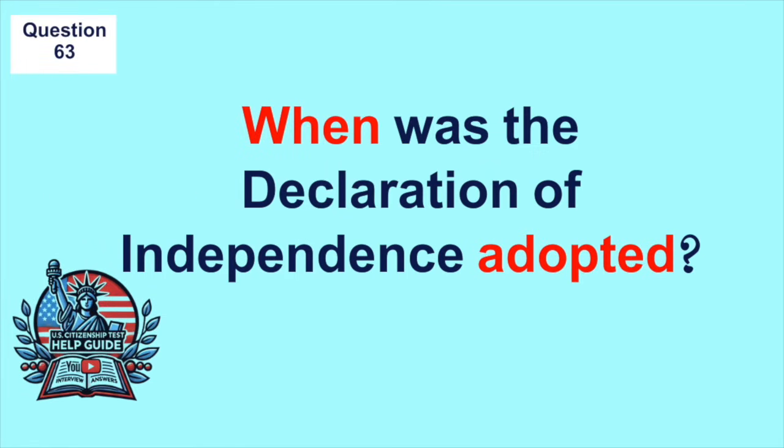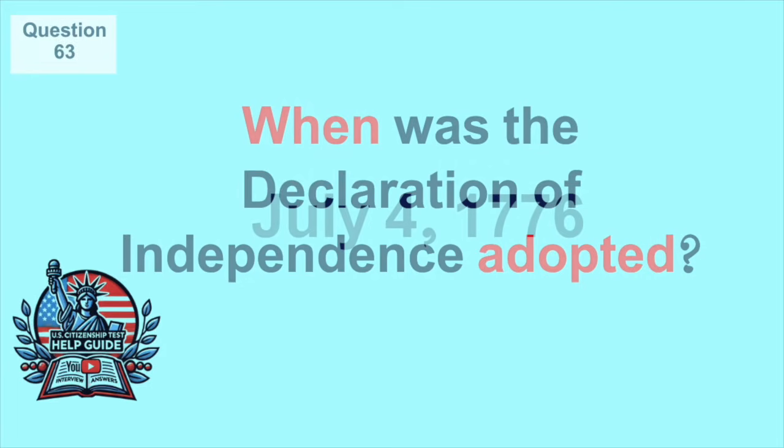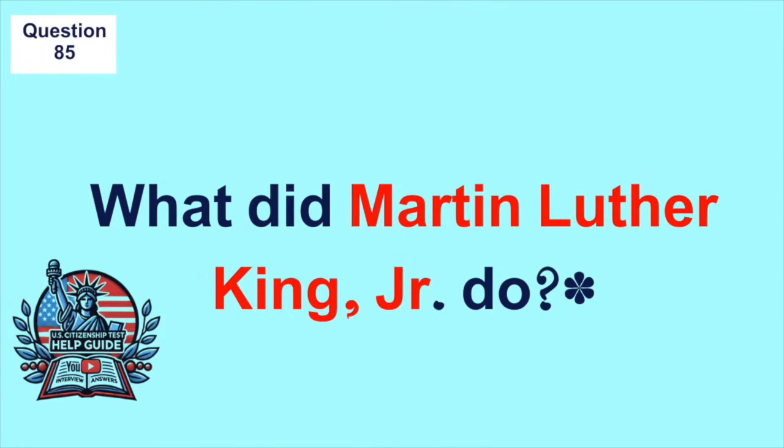When was the Declaration of Independence adopted? July 4, 1776. What did Martin Luther King Jr. do?